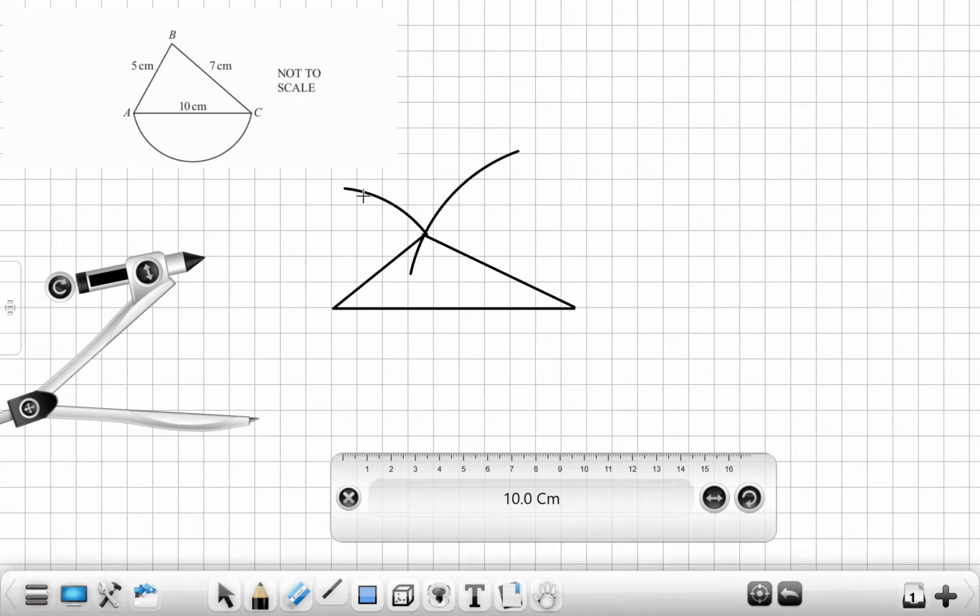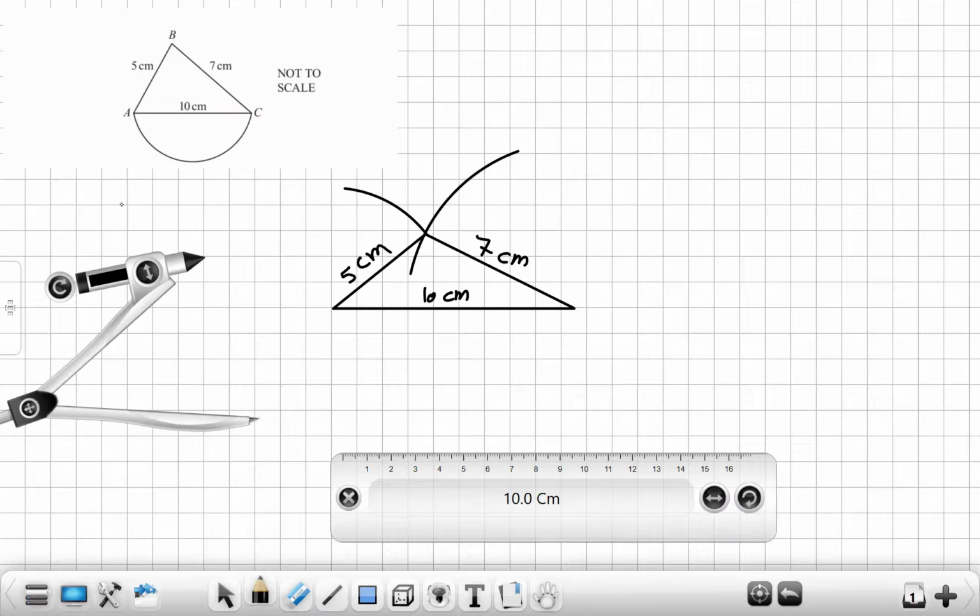Again, this arc and the first arc needed to be a little bit longer, but it is not a big deal since I see the point of intersection already. All right. So now I know that this is 5 centimeters, and even if you measure it with your ruler, you're going to find that it is 5 centimeters exactly, and this is 7 centimeters exactly, and this is 10 centimeters exactly. All right. Now I need to draw the semicircle.